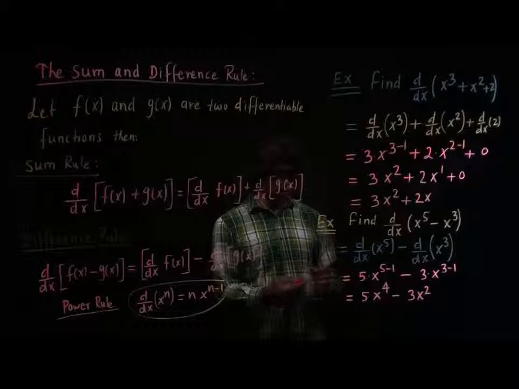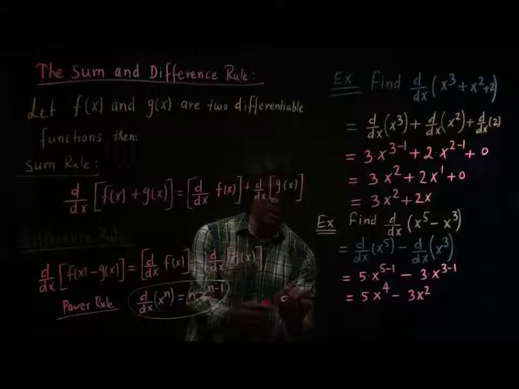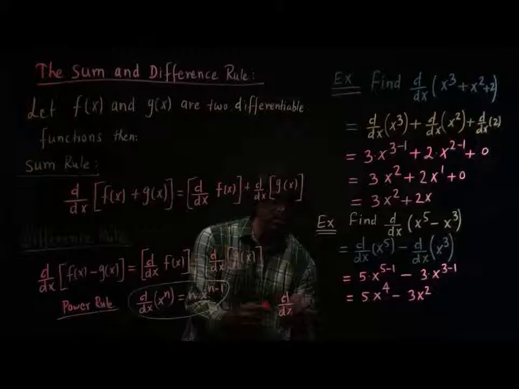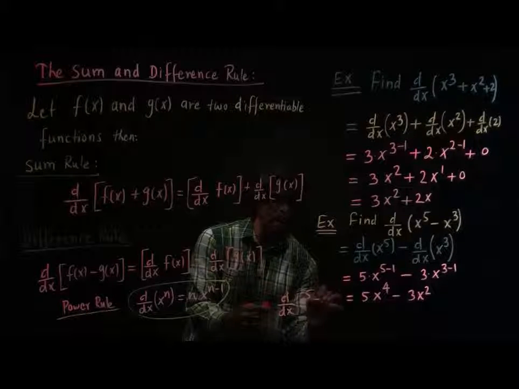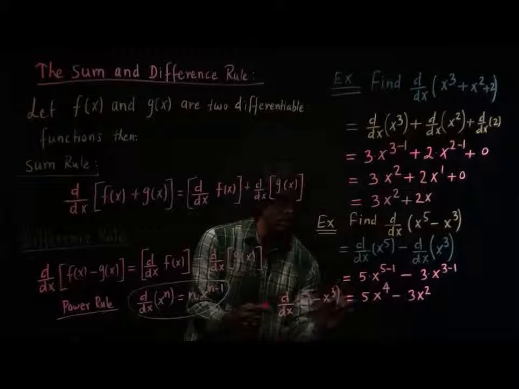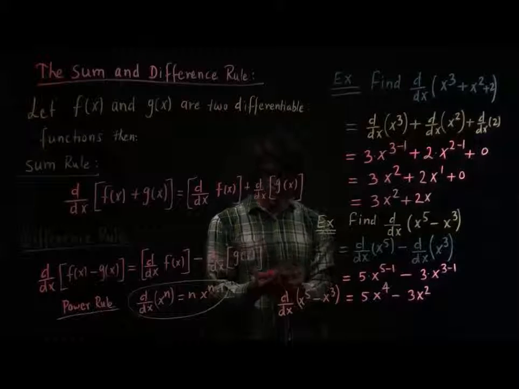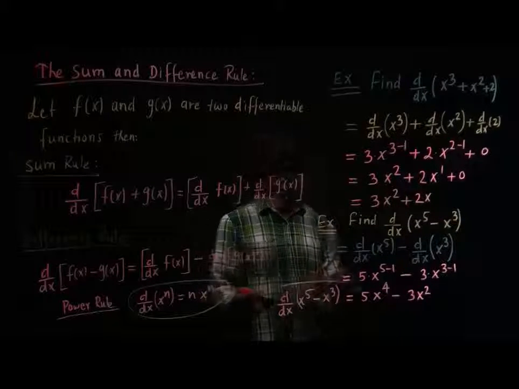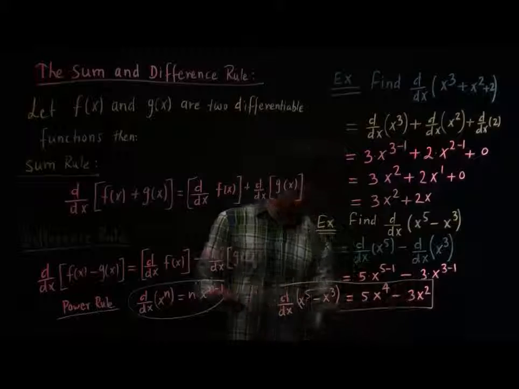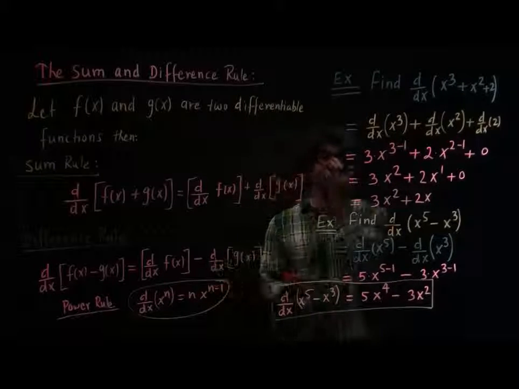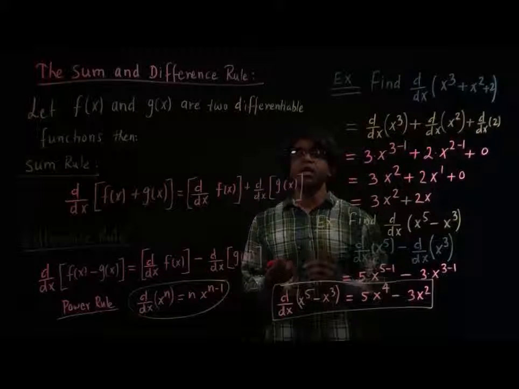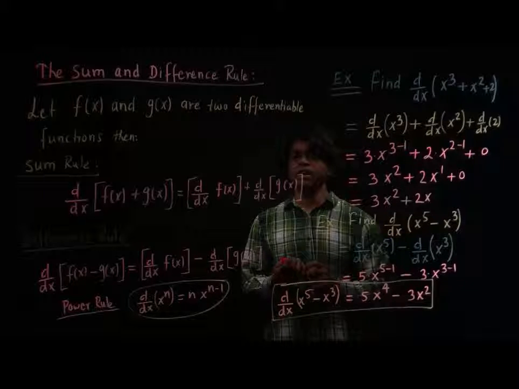This is the differentiation of x to the power 5 minus x to the power 3. And this is how we will use the sum rule and the difference rule to find the differentiation of the given function.